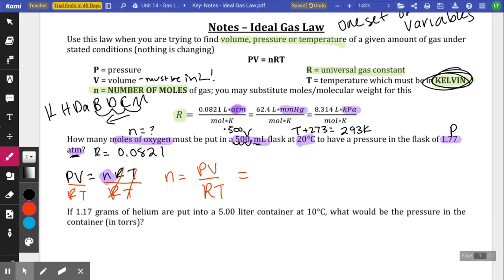And we'll just plug it in. My pressure is 1.77 atmospheres times my volume, 0.500, divided by my R value, 0.0821, times my temperature, which is 293.